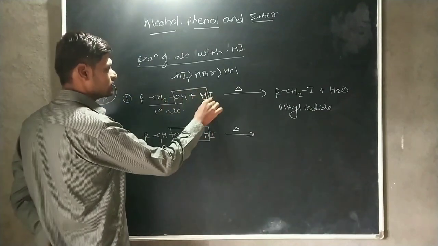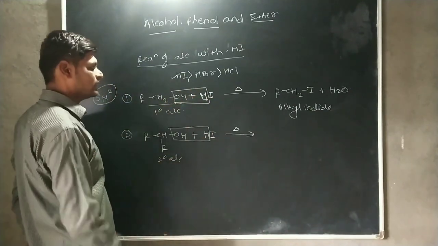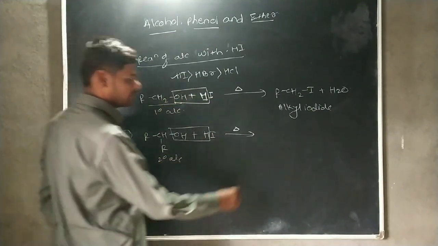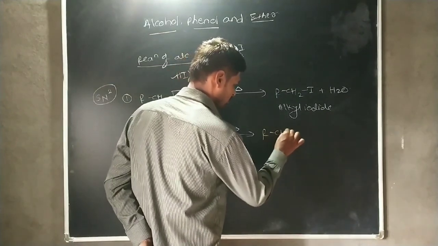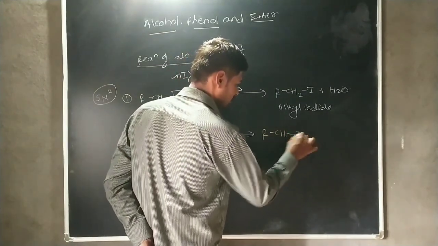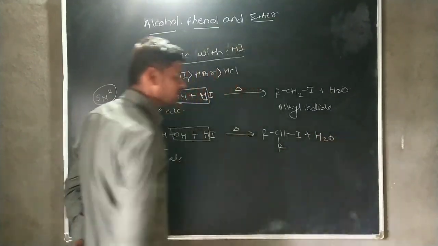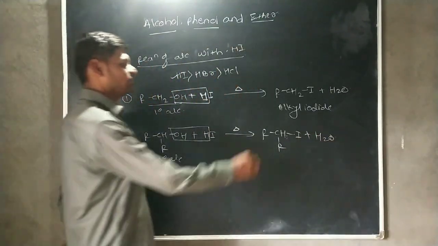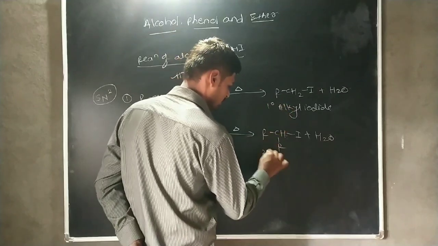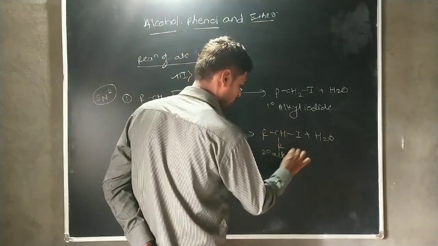After elimination of the water molecule, a secondary alkyl iodide is formed plus water. This is a primary alkyl iodide and this one is a secondary alkyl iodide.